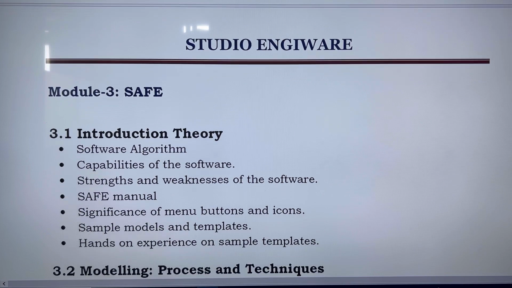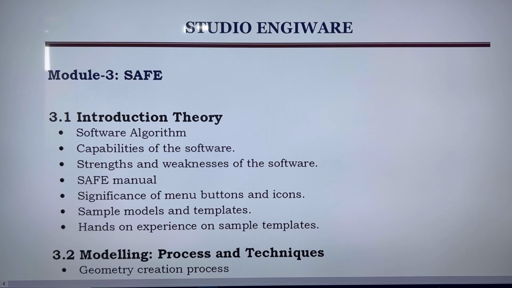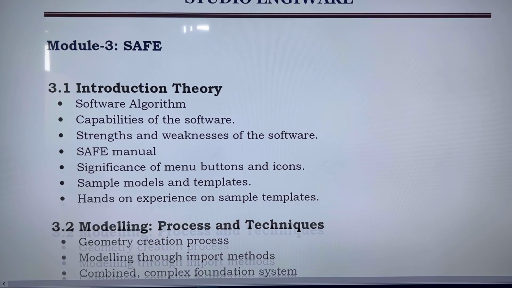Third module is SAFE. In the introductory part: the software algorithm, capability of the software, strengths and weaknesses of the software, SAFE manual, significance of menu buttons and icons, and sample models and templates.